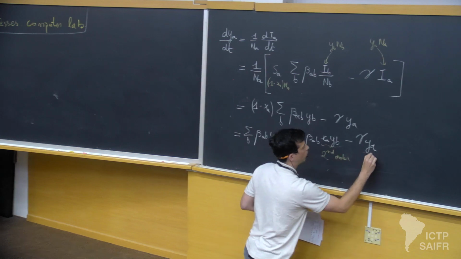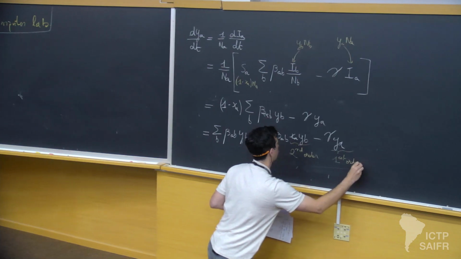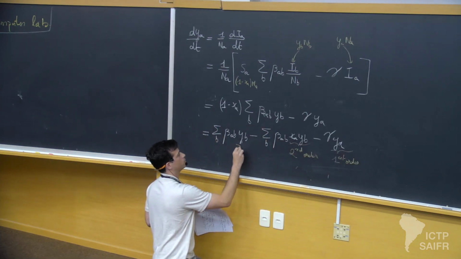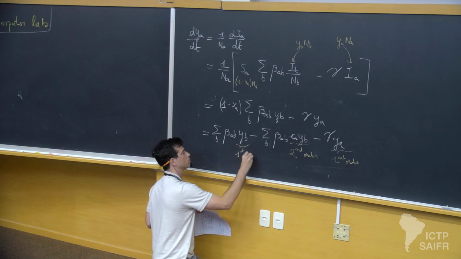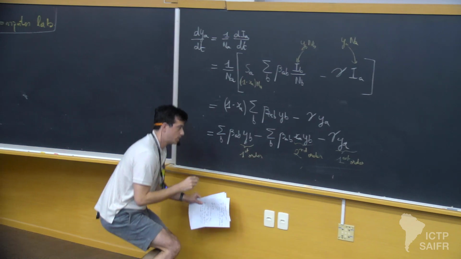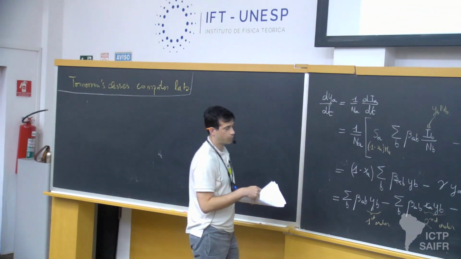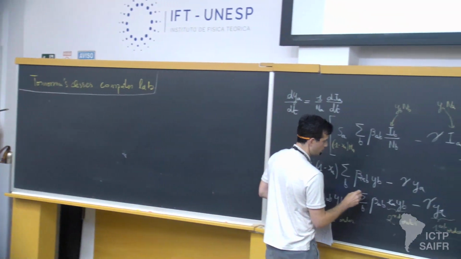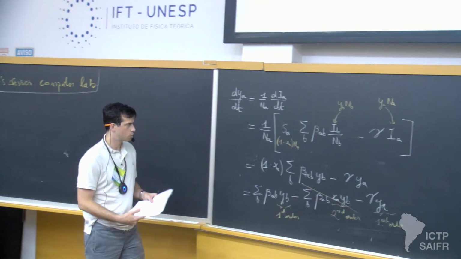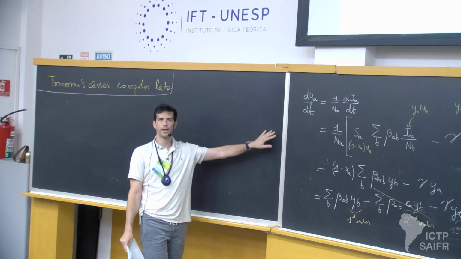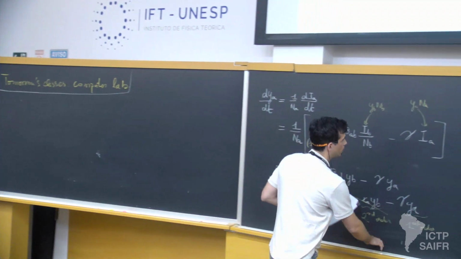This one has only one of them, so it's first order. And this one too has only one term, so it's first order. It's the beginning of the epidemic, so those two functions are very small, and I'm only going to retain the terms up to the first order, so I'm dropping this one out. So you're left with just a differential equation for Y_A, which depends only on Y_B and Y_A.